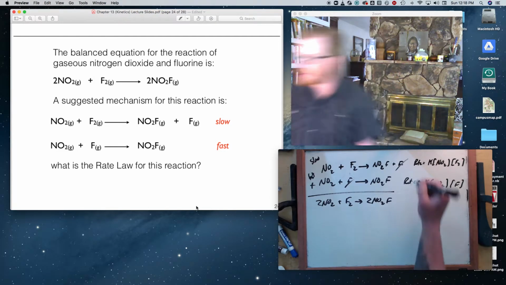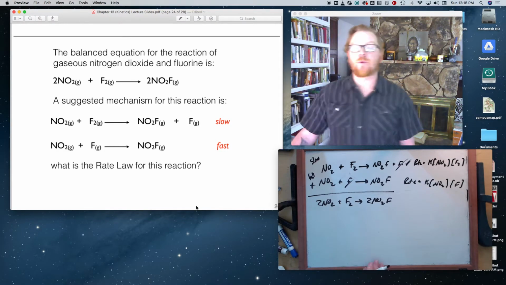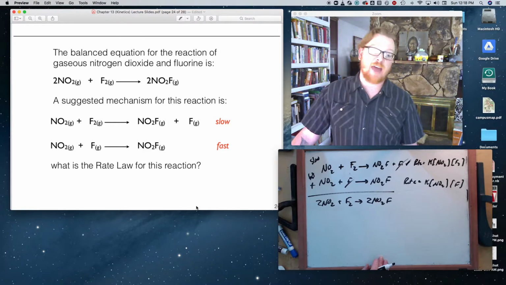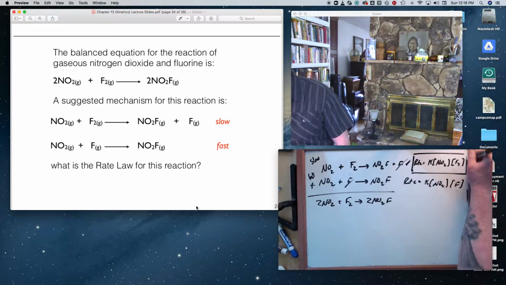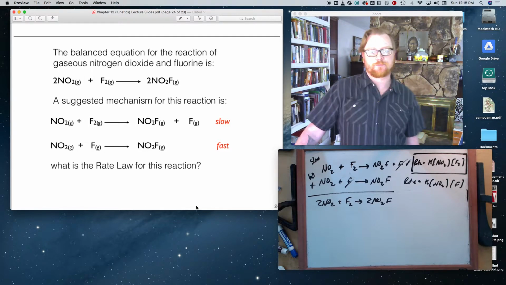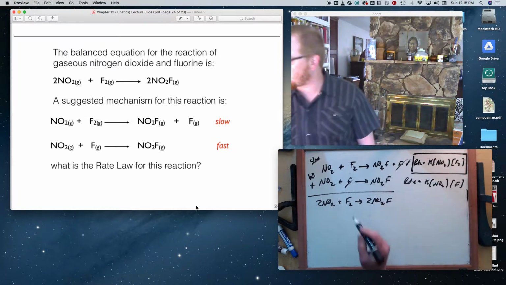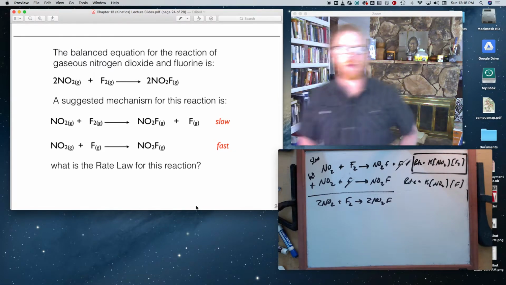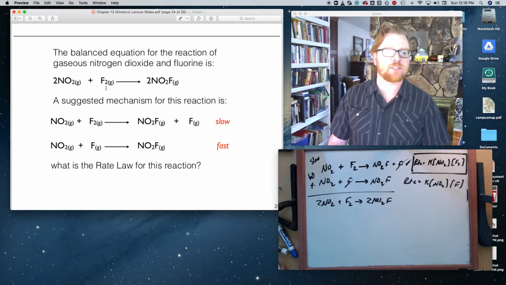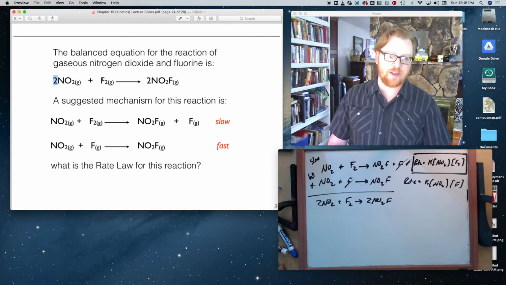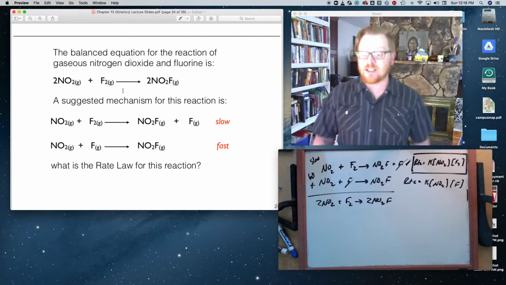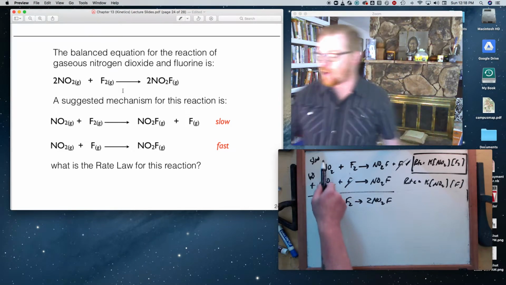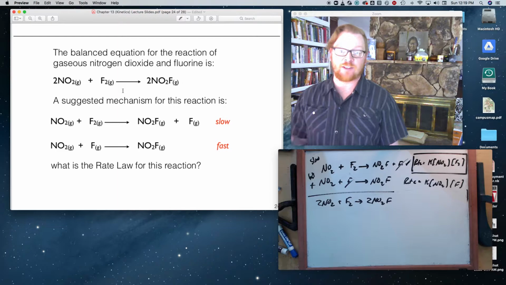But because they're telling me this is the slow step, the reaction only proceeds as fast as the slowest step. So this is the rate law for the total reaction, one NO2 and one F2. And if you looked at the way this reaction is balanced, it's got two of these and only one of these. So you might think that it should be NO2 squared, but it's not, because the mechanism only involves one NO2 and one F2 in the slowest step.